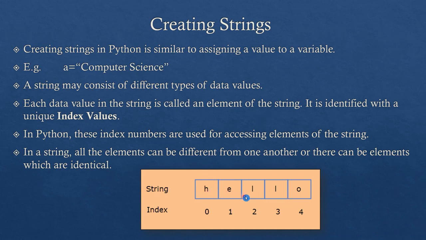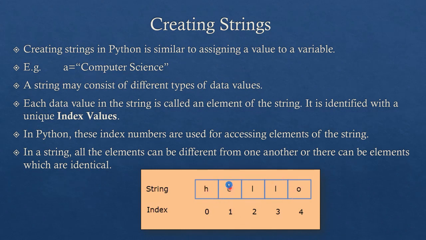I don't need to go and search for it. If it is a predefined, assigned value, I can directly say. But in case the string value I'm getting from the user, it is not easy for me to identify a particular element from a string. In that case, the index value will be helpful for me. Using the index value, I can access any element over here.